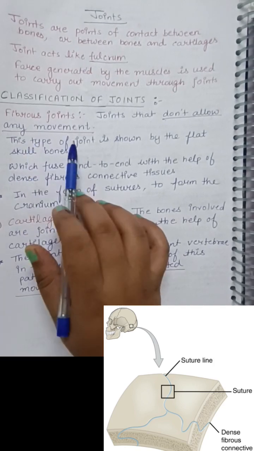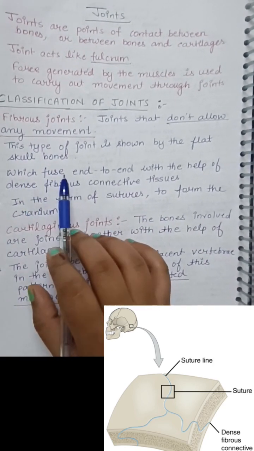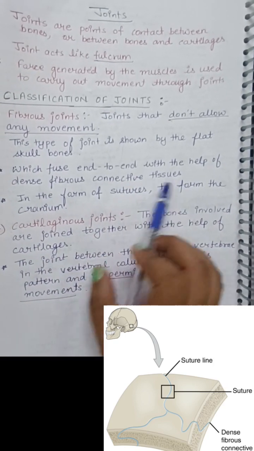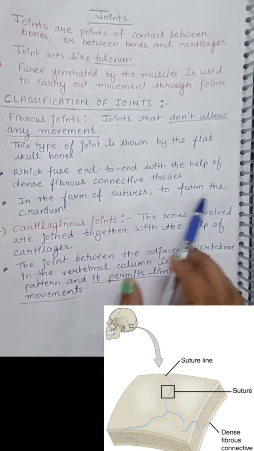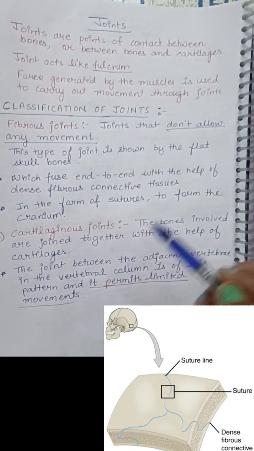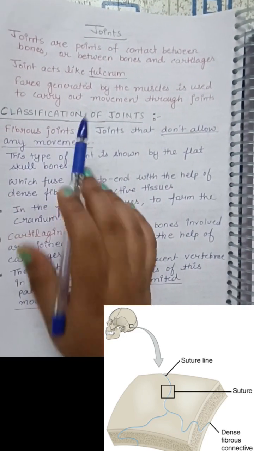No. This type of joint is shown by flat skull bones, which fuse end to end with the help of dense fibrous connective tissue in the form of sutures to form the cranium. In the skull you must have seen sutures. This type of joint is a fibrous joint.